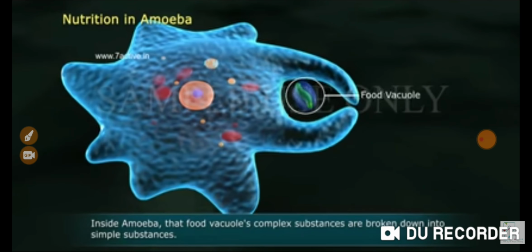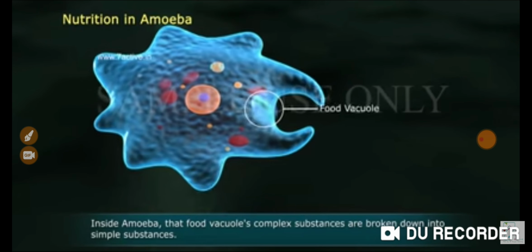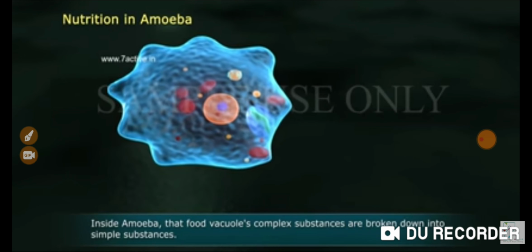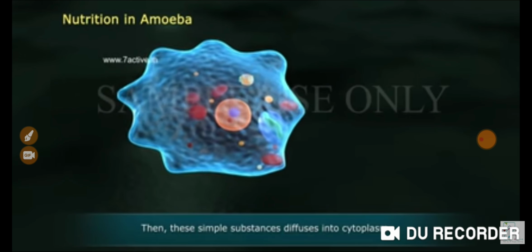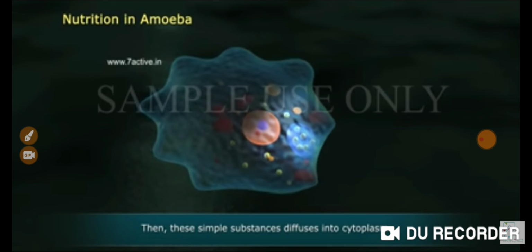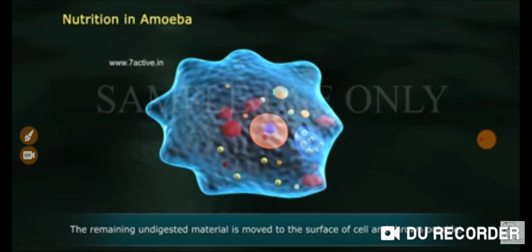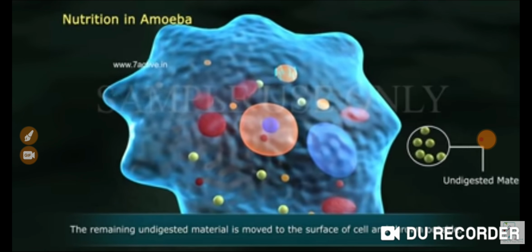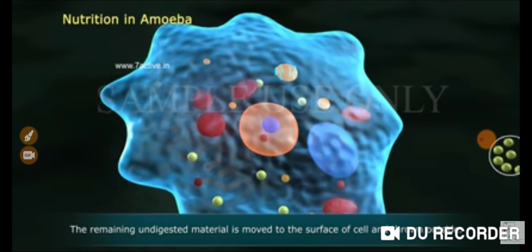Inside the amoeba, in that food vacuole, complex substances are broken down into simple substances. Then, these simple substances diffuse into the cytoplasm. The remaining undigested material is moved to the surface of the cell and thrown outside.